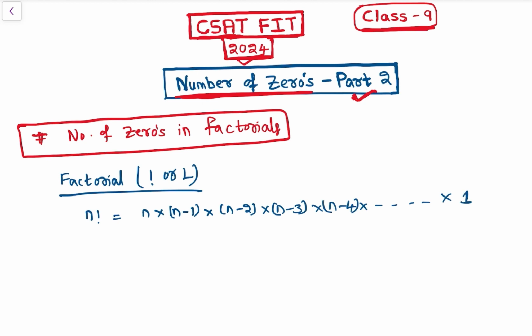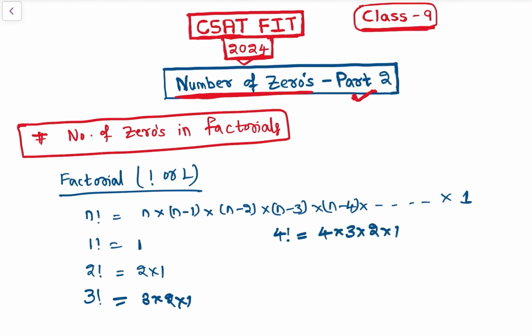Similarly 1 factorial is written as 1. 2 factorial is 2 into 1. 3 factorial is 3 into 2 into 1, and 4 factorial is 4 into 3 into 2 into 1. 5 factorial is 5 into 4 into 3 into 2 into 1. So this is how we write factorials.